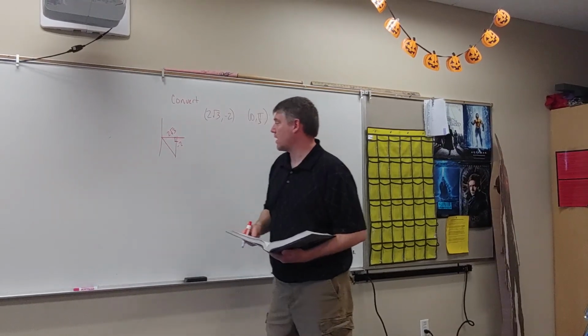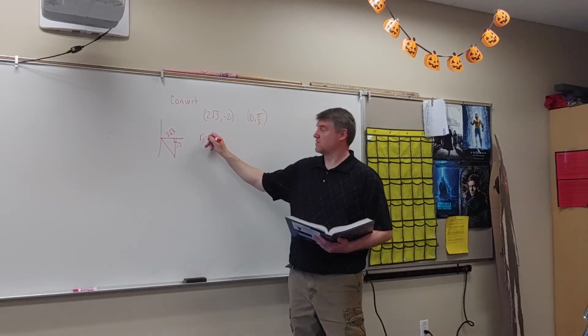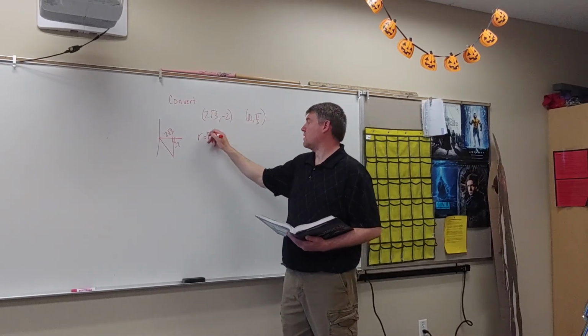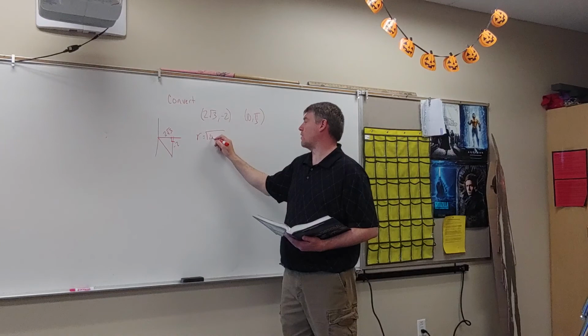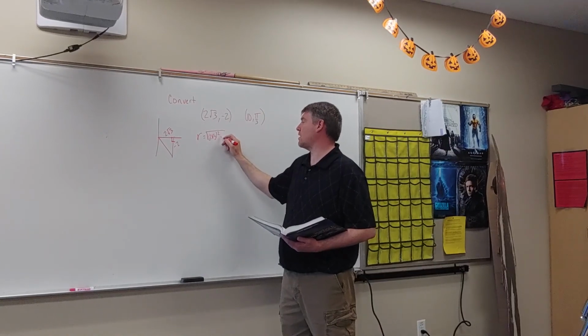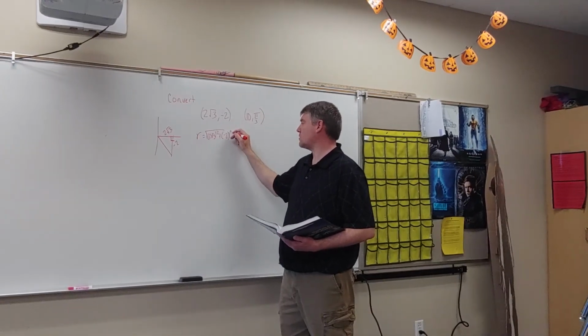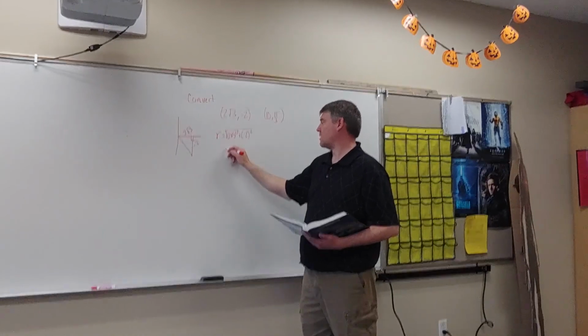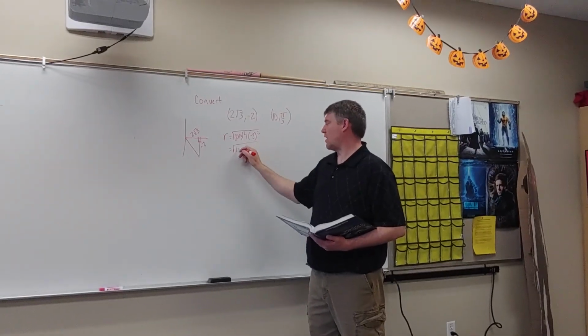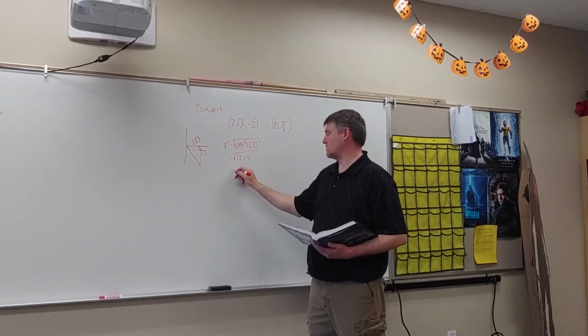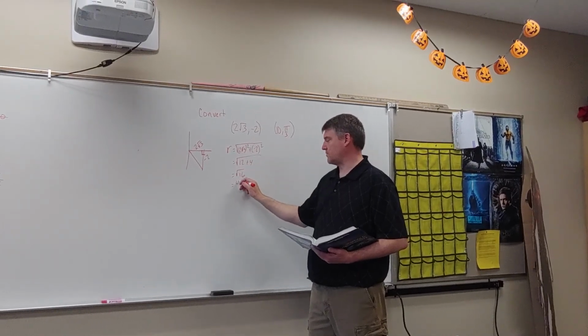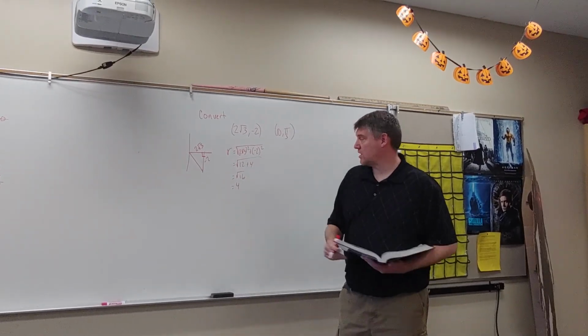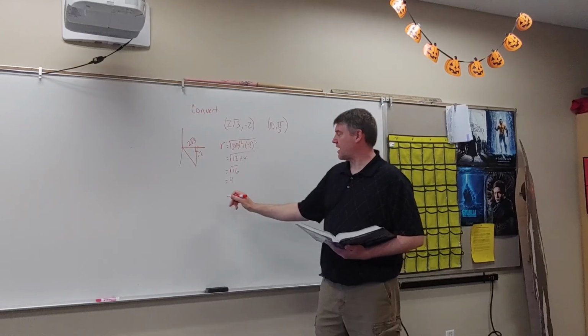All right? So I need to find my r first. Okay? So I'm going to take 2 square roots of 3 squared plus negative 2 squared. This is going to give me 12 plus 4, which is the square root of 16, which is 4. Okay? It's good. Now I need to find my theta.